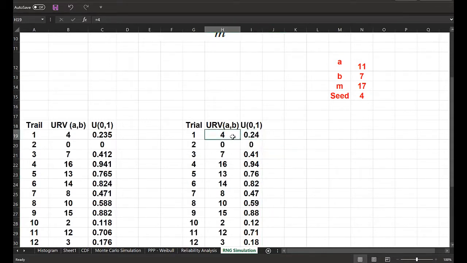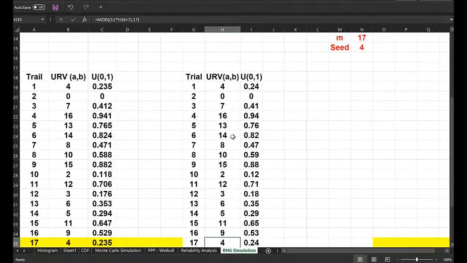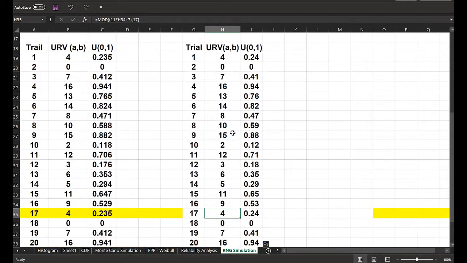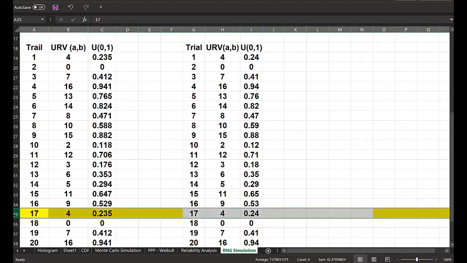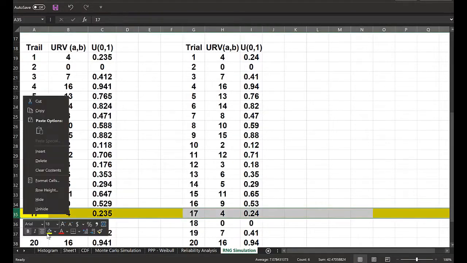Now if you see these values, they start repeating. After the 17th trial, this value is 4 and this value is also 4. So in this case this value is repeating.